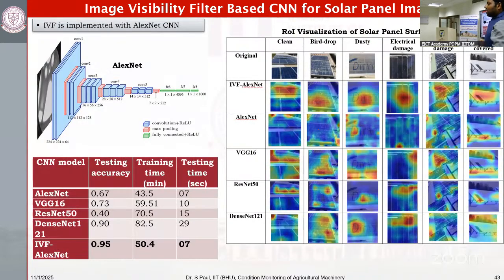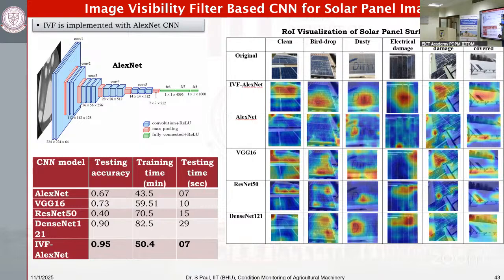So this is the result. Now here you can see where the good features, or your dominating features, lie. These are the normal AlexNet, VGG16, ResNet 50, and DenseNet 121. Now the least performing, if you remember, the AlexNet only gave us 67% accuracy. We have just modified that AlexNet with the help of this image visibility filter.